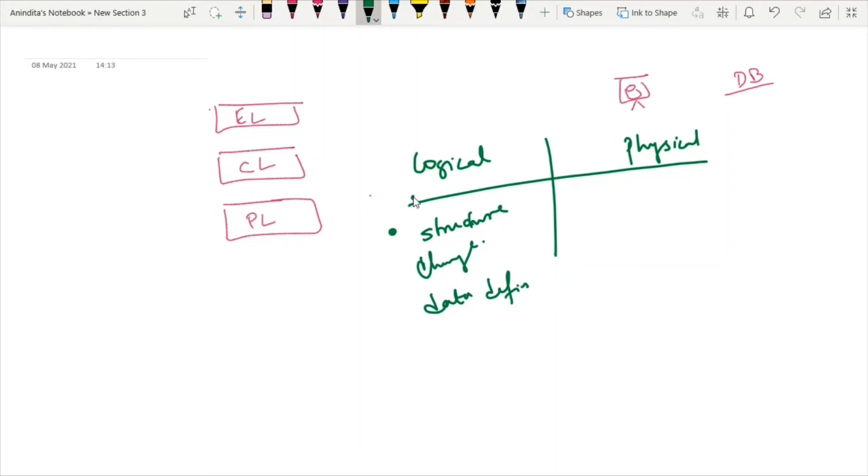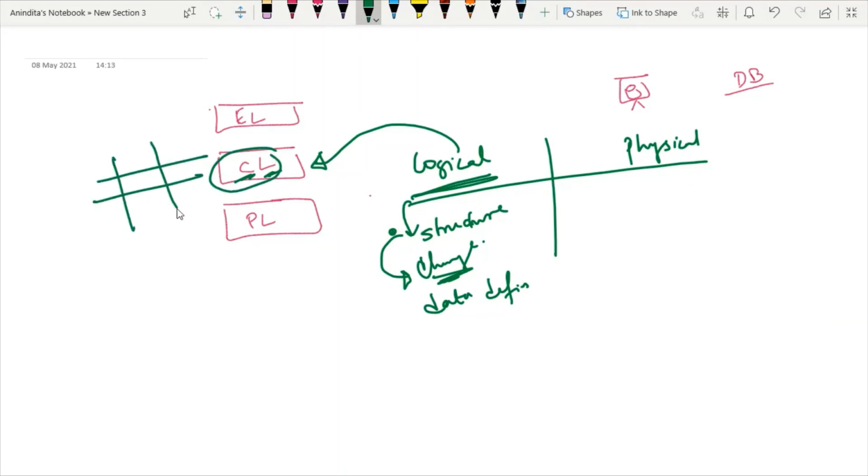And since logical data independence deals with table structure and data change or data type change, we know that this independence will be related to the conceptual layer, because initially I explained that the conceptual layer deals with data storage, meaning if I store any particular information, what should be the data type of that particular attribute. The conceptual level is concerned about that.